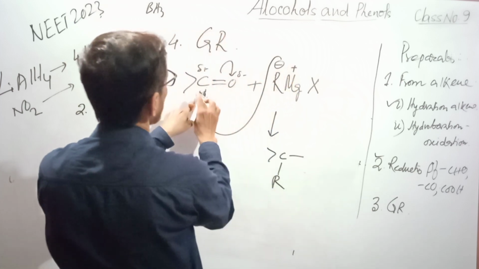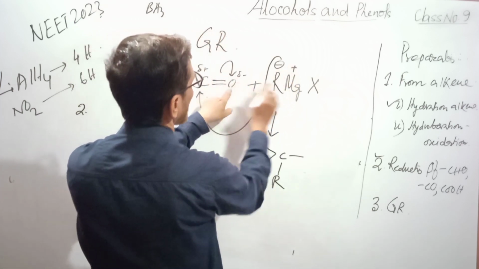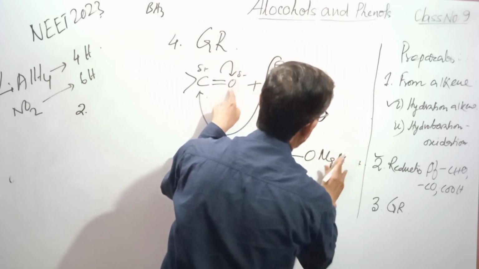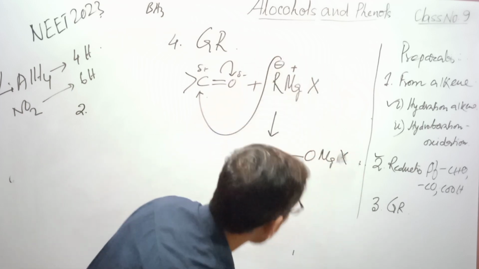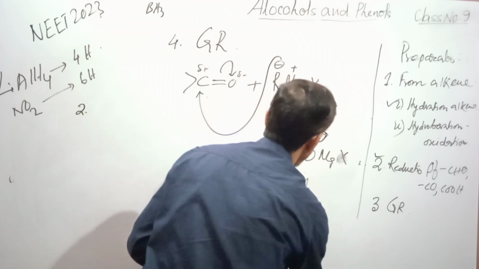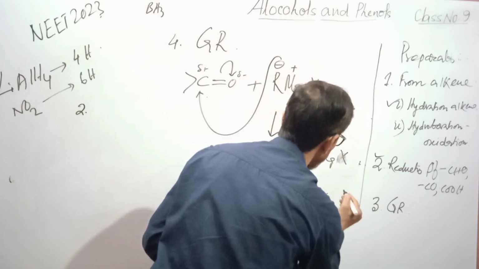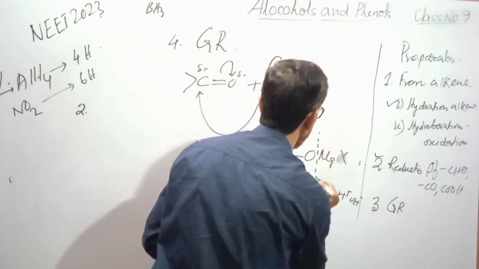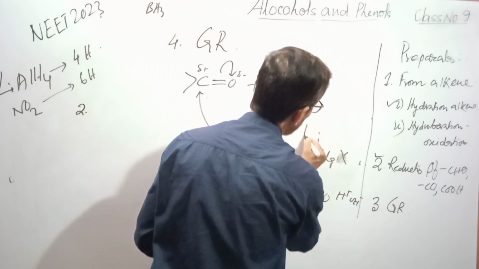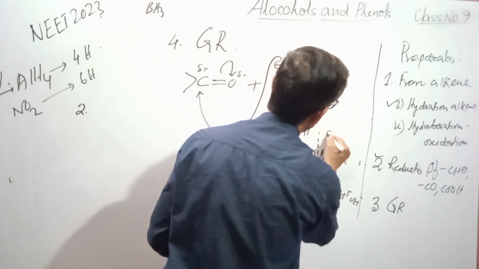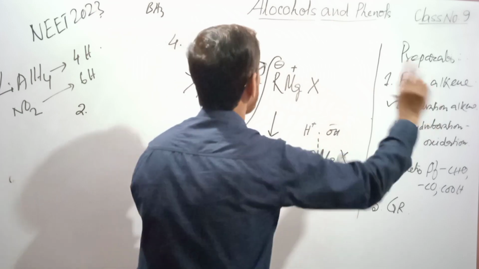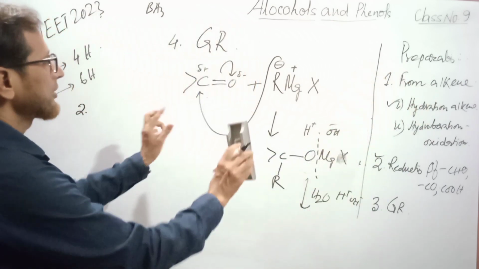The negative part gets attached with the positive part, and the positive part with the negative part. And in hydrolysis, I told you, H plus and O is negative. This bond breaks into this. This is negative, so the positive part is the proton and this part. So you are getting one part alcohol, the other part something else. This is the shortcut.